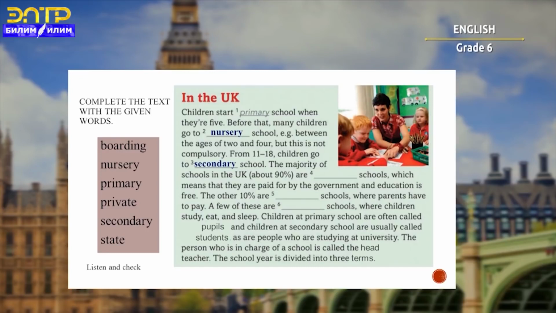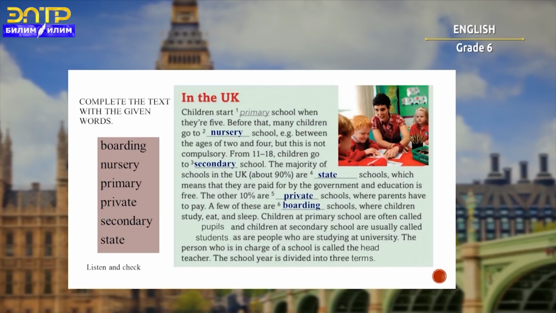Number 4 is state. Number 5 is private. Parents have to pay. And number 6 is boarding school. Children study, eat, and sleep. Well done. Good job. Now, let's listen and check if we were right or not.